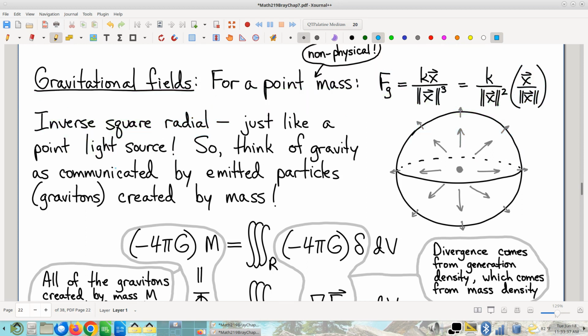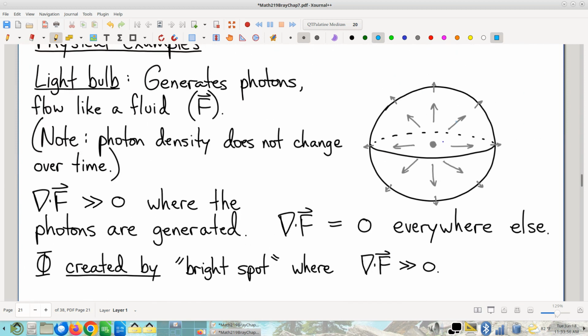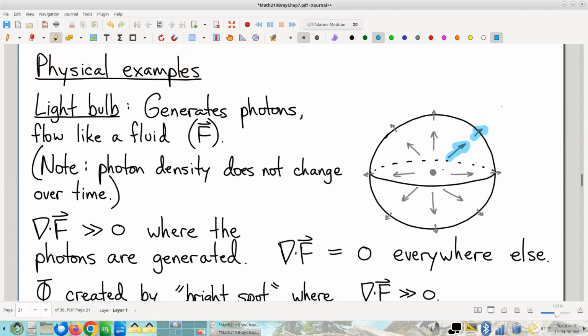Here's the thing. Unexpected, but true. This formula for gravitational fields that I have a picture of right here, if that picture looks vaguely familiar, indeed that is literally exactly the same picture that I have here. In fact, the formula for the flow of a fluid of photons coming out of a light bulb has exactly the same structure.